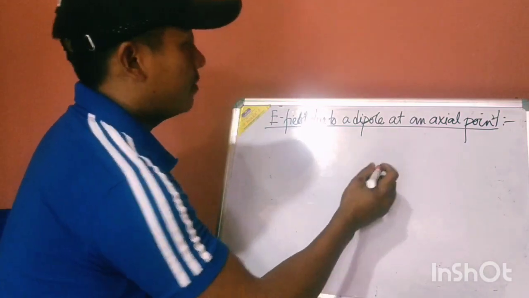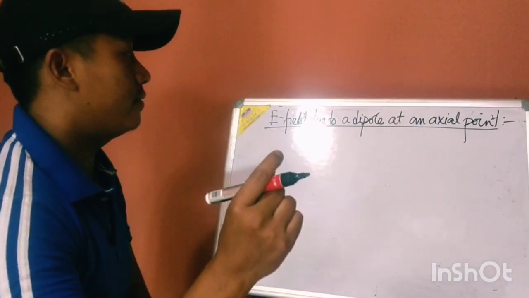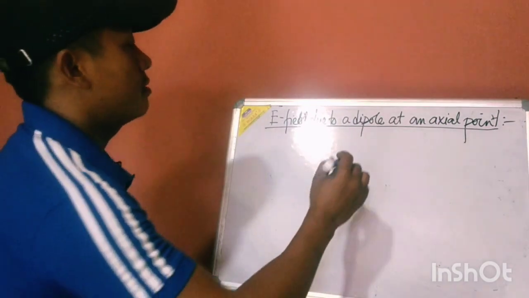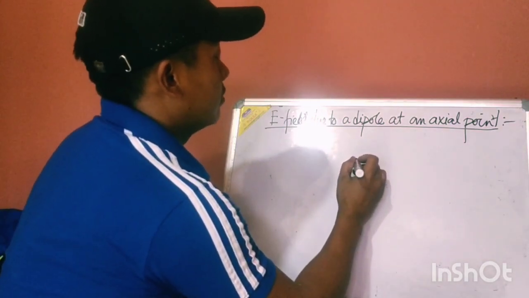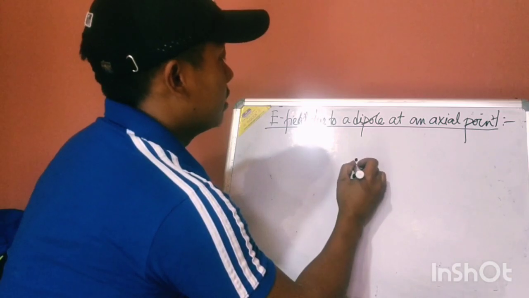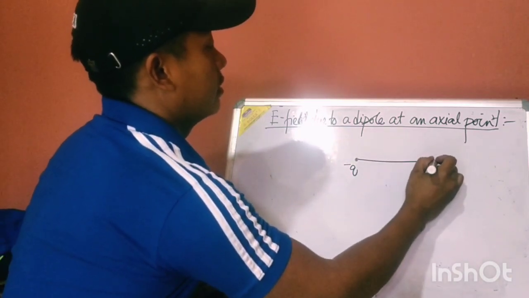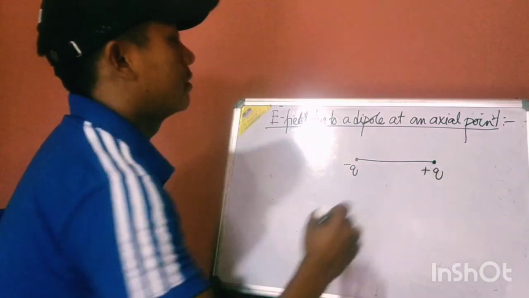As you have learned, an electric dipole will consist of positive and negative charges. That means equal and opposite charges separated by certain distance. So for sake of simplicity, let minus q be here and plus q be here.